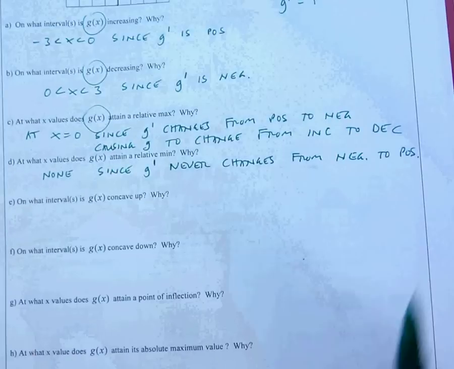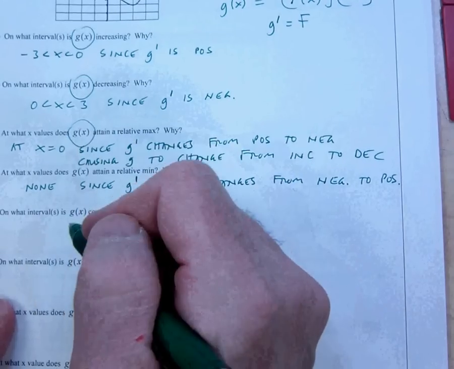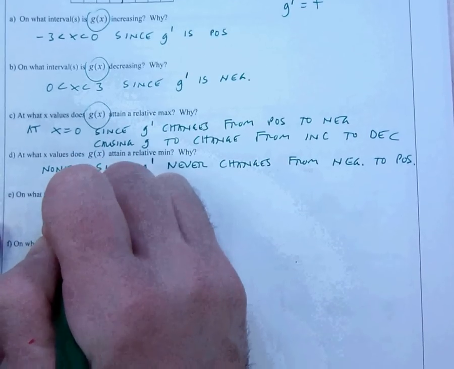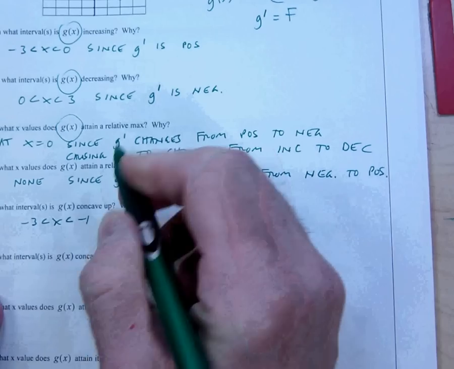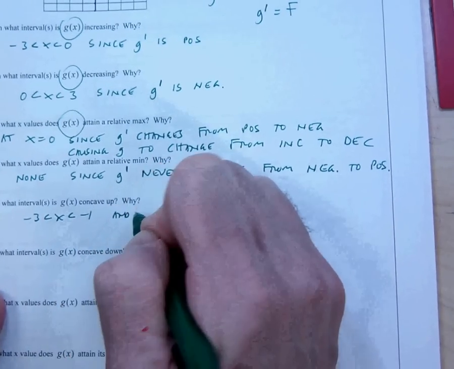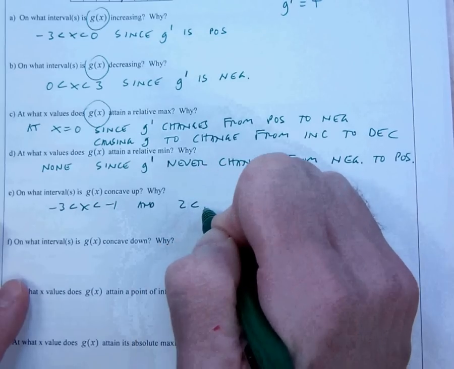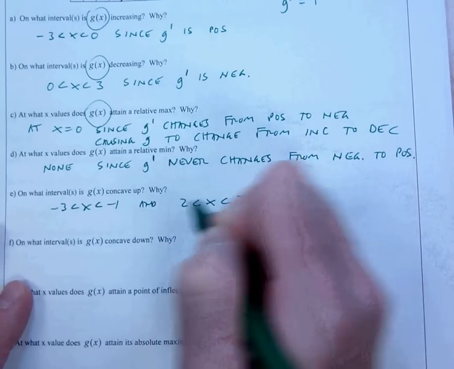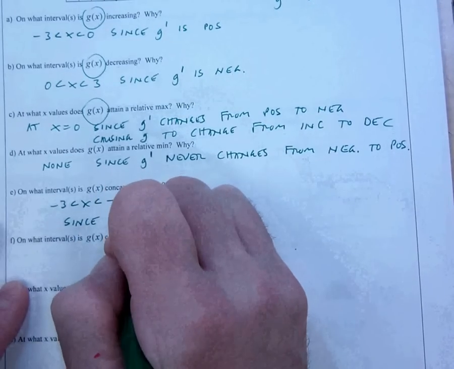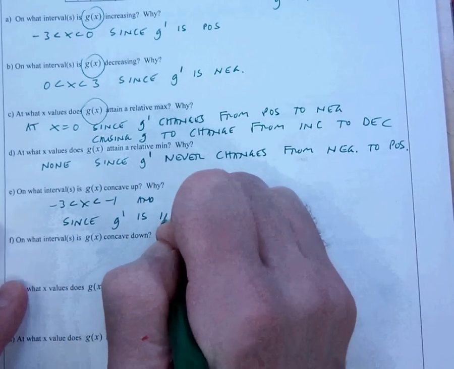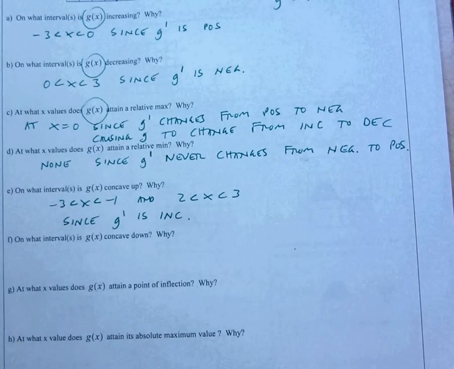So you would say from -3 to -1 and 2 to 3, right? Since, and all you have to do is say, since G prime is increasing. Very good. Okay, Sandhya, you can do the next one.